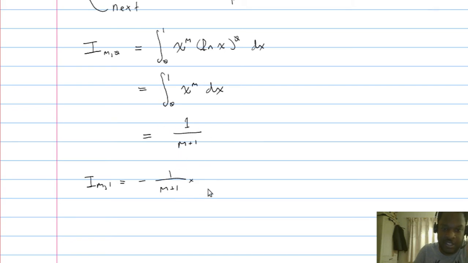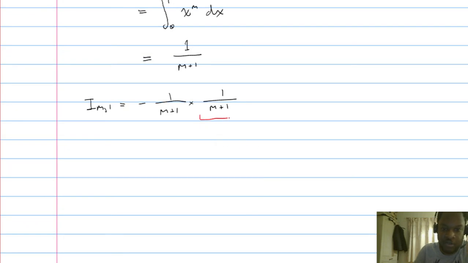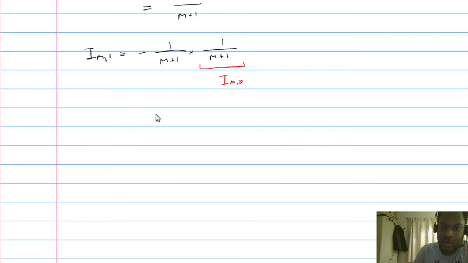The previous integral is I_{m,0}, which is 1 over m plus 1. And so we don't forget where we got that from, I really want to be very clear about the fact that this is nothing other than I_{m,0}. This is the previous value of the integral. Next, let's simplify it. So we write minus 1 over m plus 1 squared.